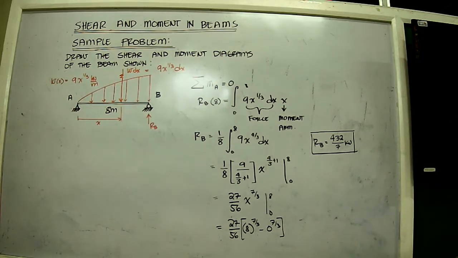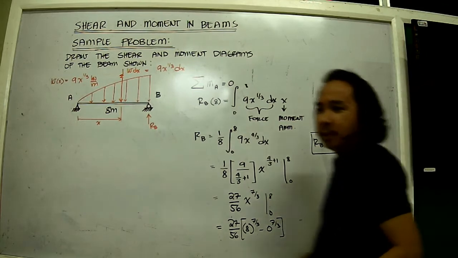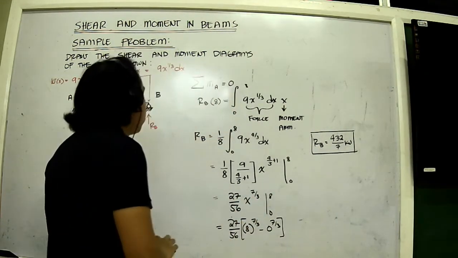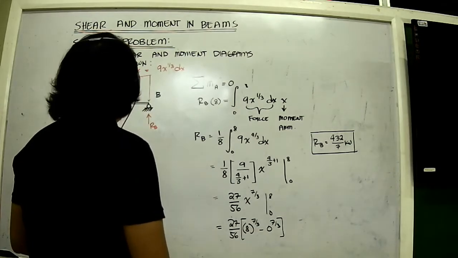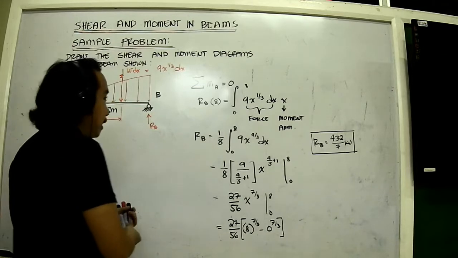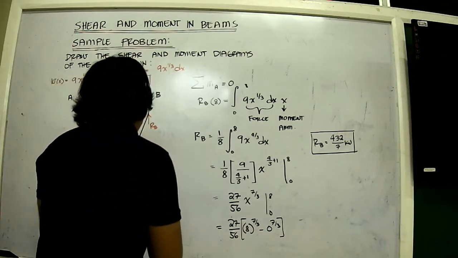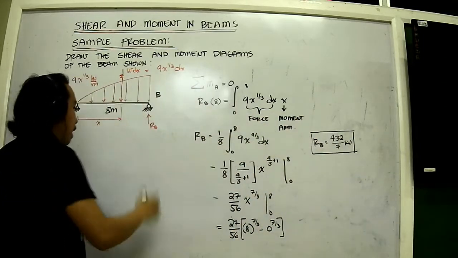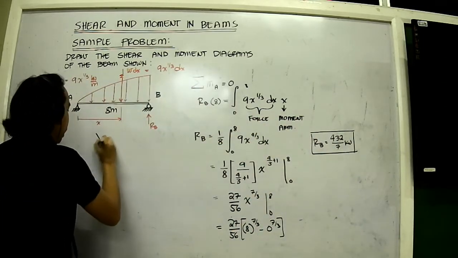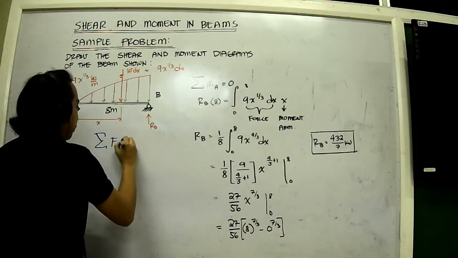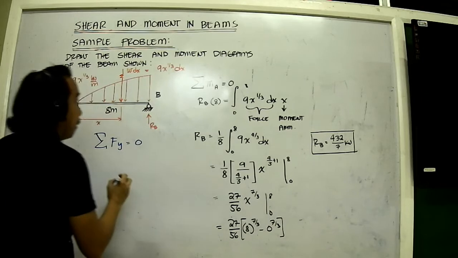Now, the next question is, how do you solve for the reaction at A? Let's sum up the forces in the y direction. Summing up forces in y is equal to 0.